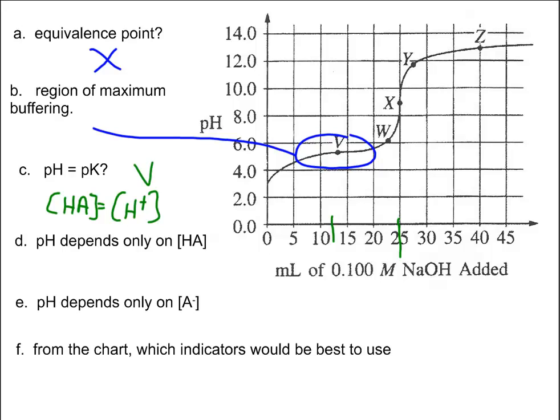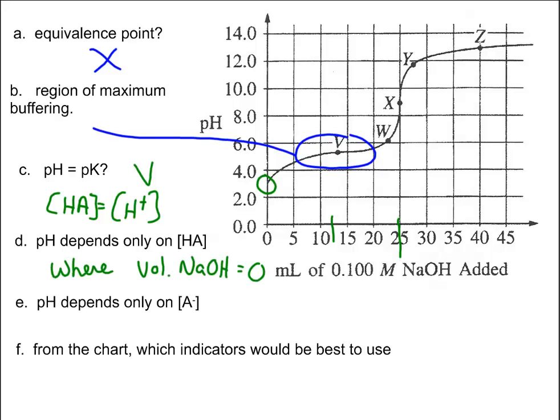Where does the pH depend on just the acid concentration? Where I have only acid and no base, which occurs only at a volume of 0 sodium hydroxide, so that's right there.